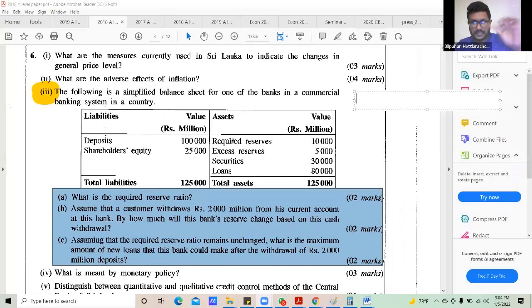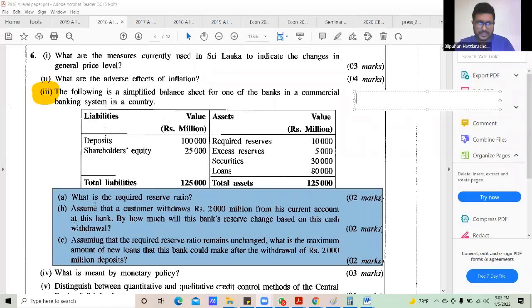So both of these added together, we can call them reserves, but two different names, required reserves and excess reserves. We'll talk about it later. Securities. These represent the treasury bills, treasury bonds, other securities they have purchased as an asset. Loans, that's also an asset.